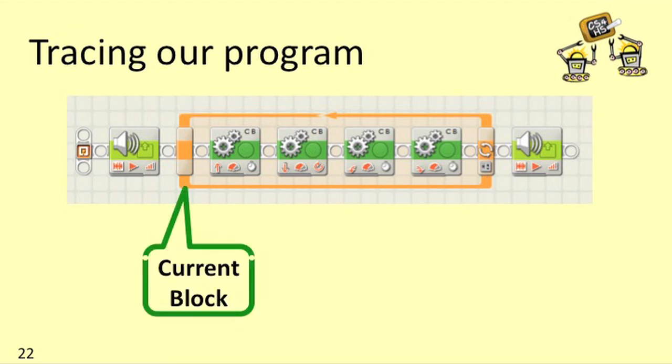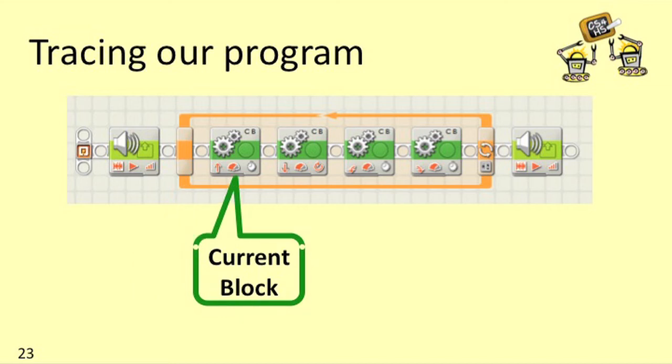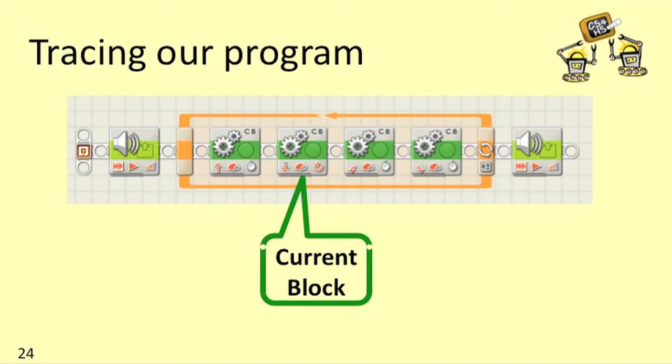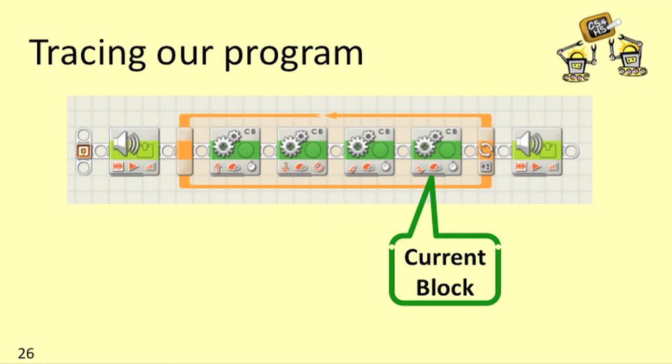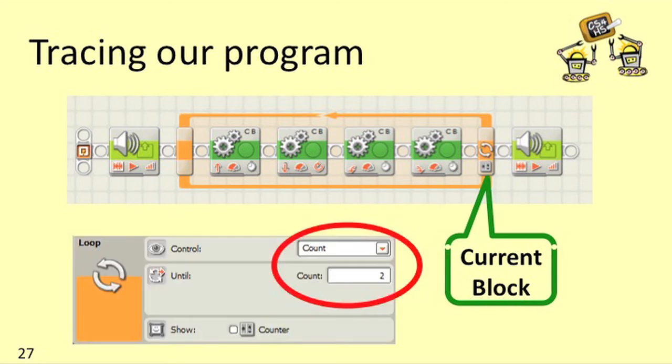So here we are back at the beginning of the loop again. It says, welcome, come in. So we go forward for 1 second and backward for 1 second. We turn left for half a second and turn right for half a second. Now's the fun part. We told the loop we wanted to go through twice, and now we've done so.